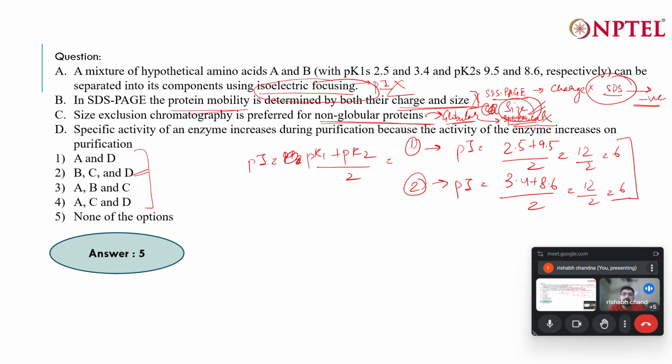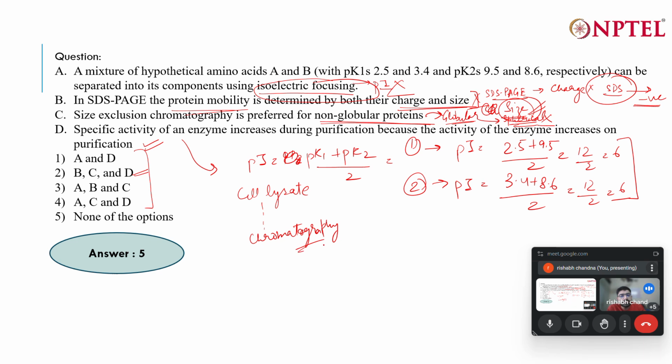Then, specific activity of an enzyme increases during purification because the activity of the enzyme increases on purification. So yes, this statement is correct. When we purify the enzyme, for example, we have the cell lysate, then we have certain steps of chromatography to separate or purify the enzyme.